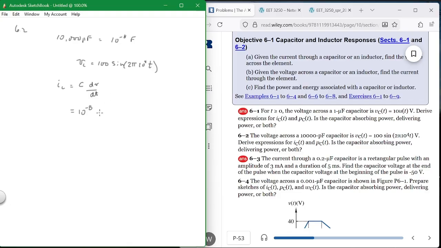So it's 10 to the minus 8th times 100. That's my constant out front, times cosine of, and the derivative of this would be what? You bring out the 2 pi times 10 to the fourth, and then 2 pi times 10 to the fourth t, right?